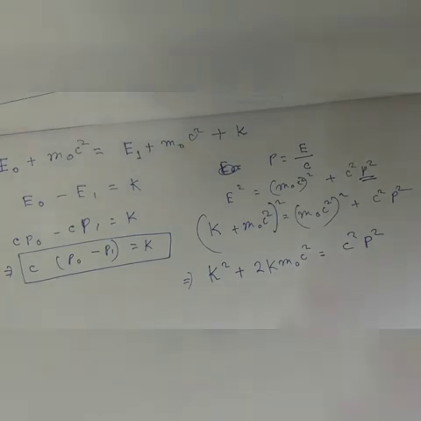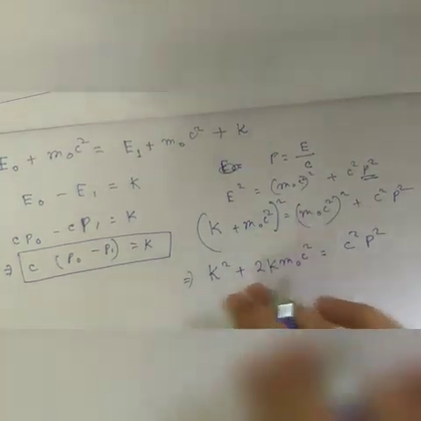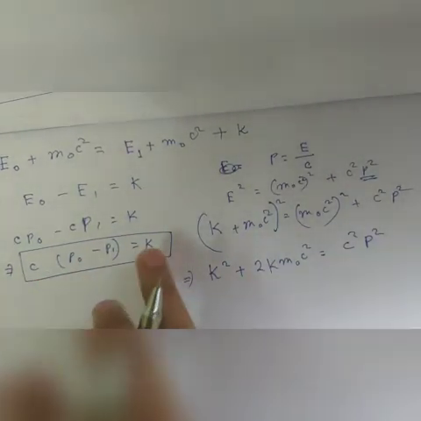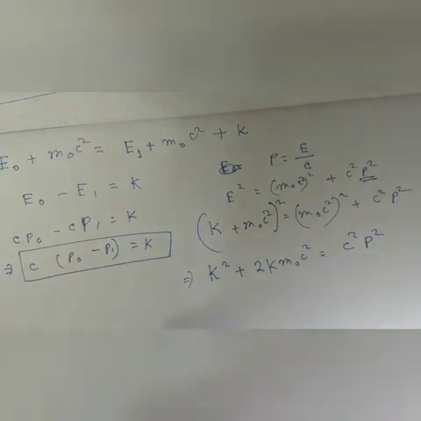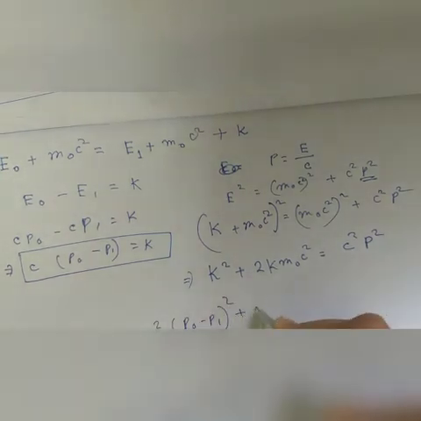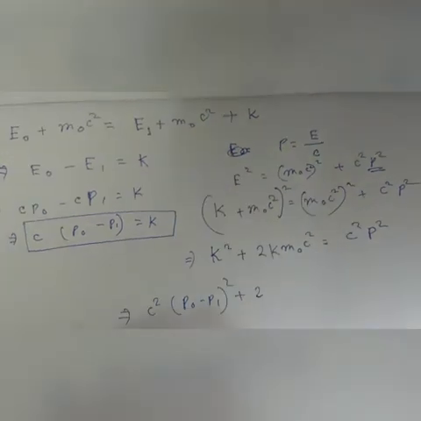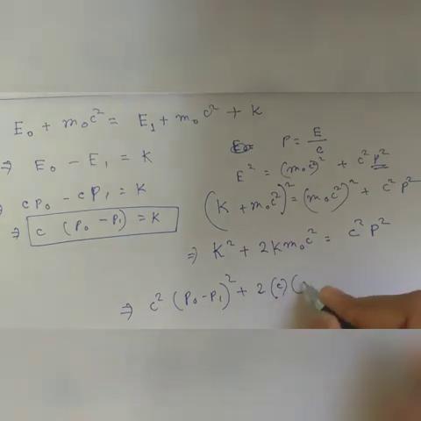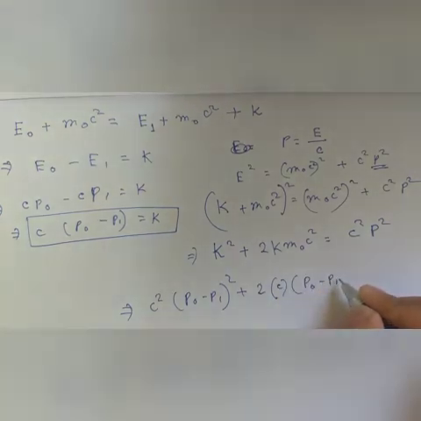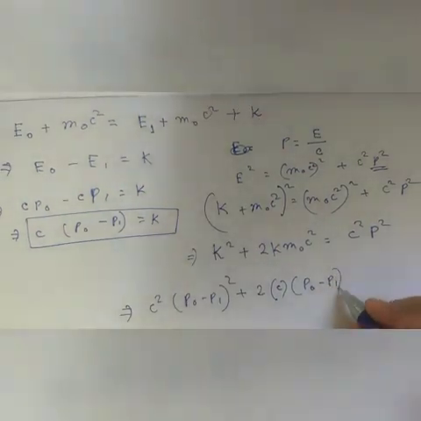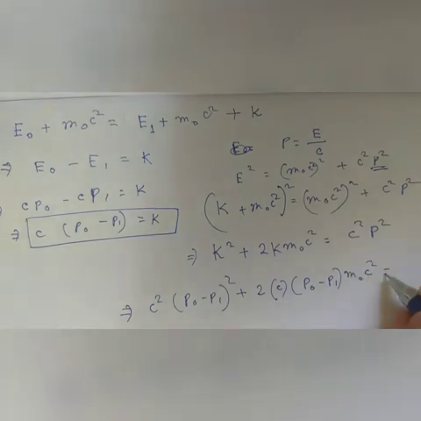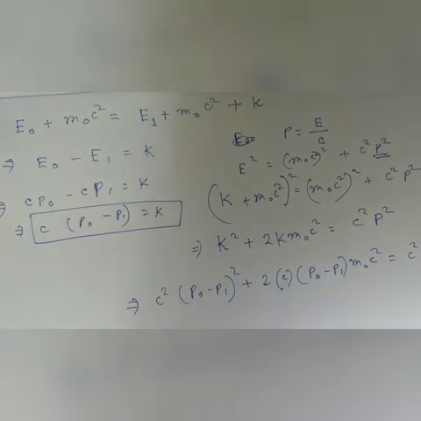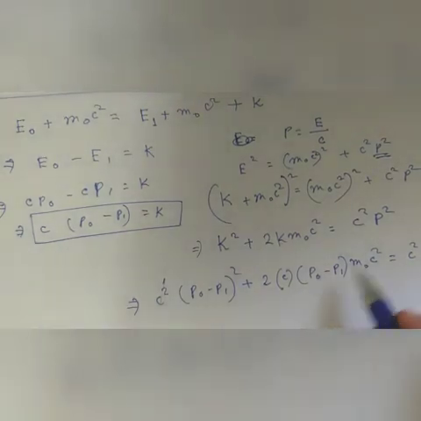Now we will put the value of K that we got from the earlier equation, that is c square into p naught minus p1 whole square, plus 2 into K, again c into p naught minus p1, and m naught c square equals c square p square. Yeah, c square will be cancelled out.